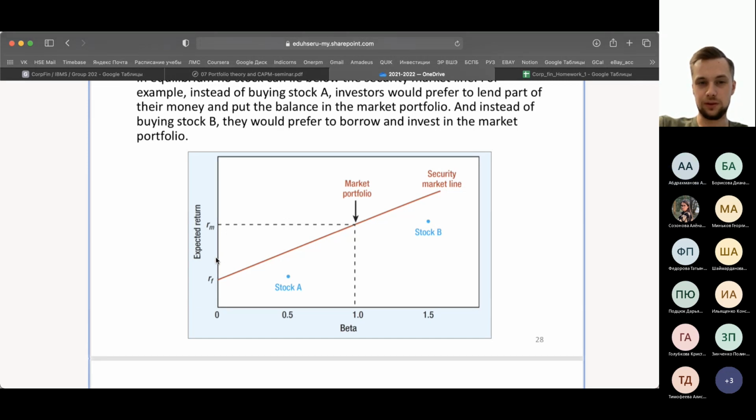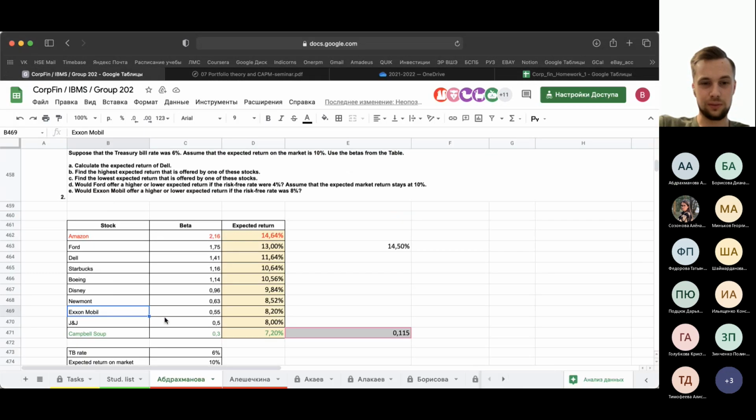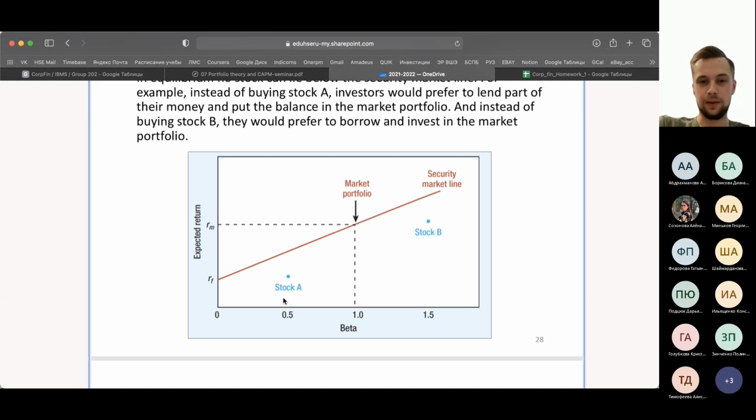The risk-free rate will rise and the line will go like this, and for Ford the return will be lower. But ExxonMobil has a beta of 0.55, so it's somewhere here. When the line changes, it will be higher, so it will provide a higher expected return, right?